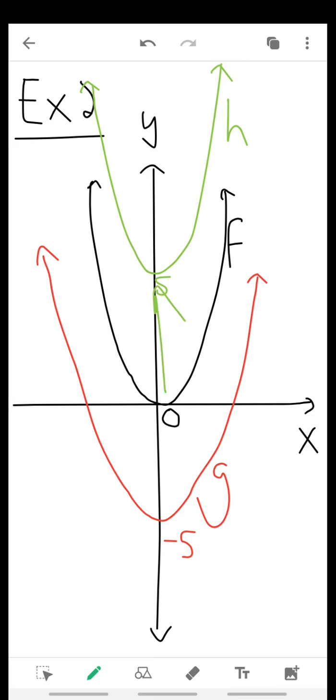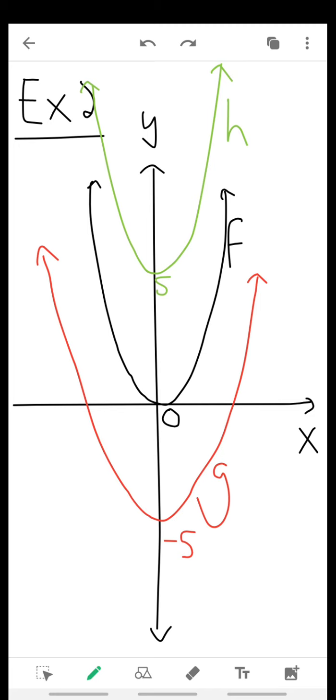So h was obtained by shifting the graph of f by 5 units upwards. Then the graph of g was also obtained by moving the graph of f 5 units downwards. Okay, so that is a vertical shifting. We have shifted the function f vertically.